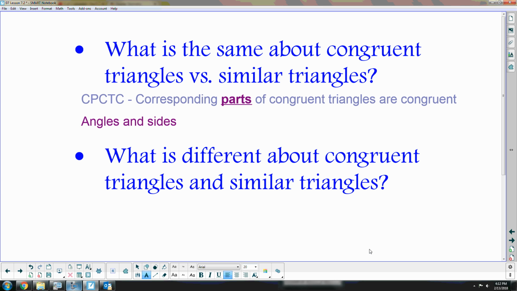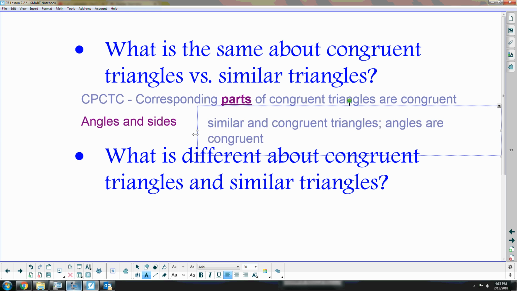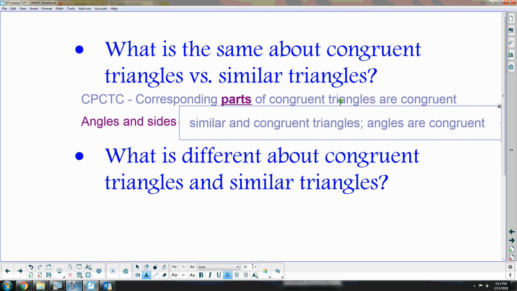So if you think about what is the same about similar triangles versus congruent triangles, in both similar and congruent triangles, angles are congruent. So that is something that's the same between the two.